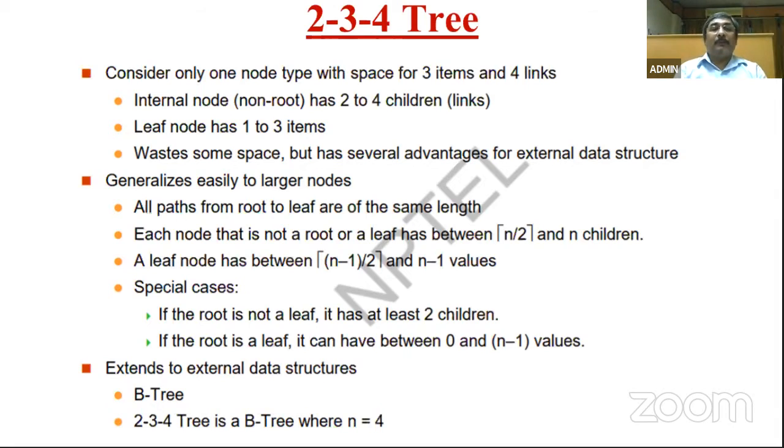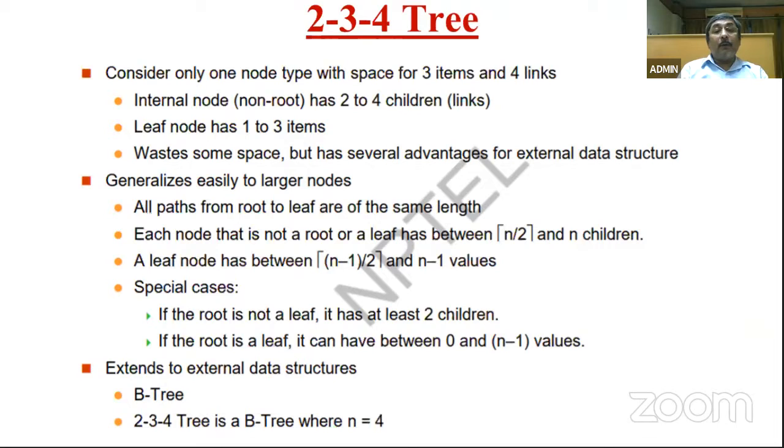And the definition of a 2, 3, 4 tree is nothing but a special case of the definition of a B tree. Now, if you look at a 2, 3, 4 tree, as I said, any node which is not a leaf node can be a node of any of these 3 types, meaning it can have two links to 4 links and 1 data value to 3 data values. This is exactly written in the second and third points of the second bullet.